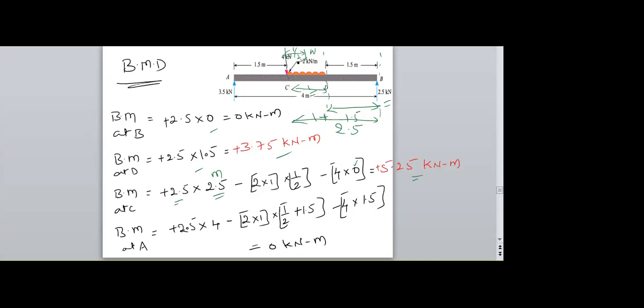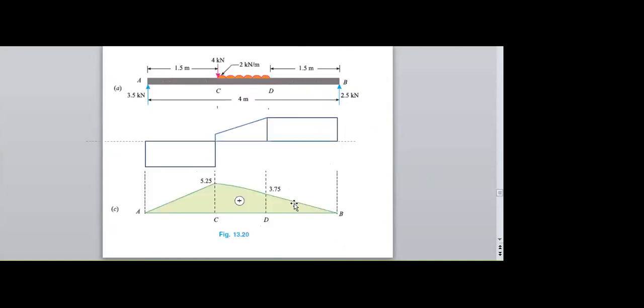The distance is 1/2 plus 1.5 from A. Next, another point load of 4 kilonewtons, 4, and the distance is 1.5. So I need to get a 0.